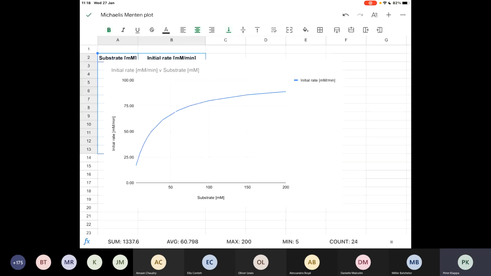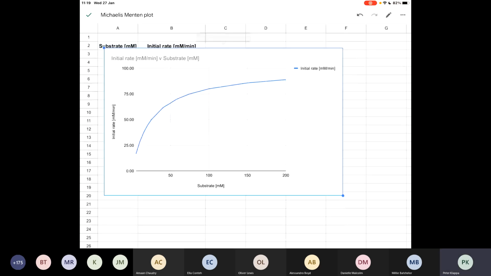What we see here is actually a fairly weird curve, isn't it? Actually, you see, this is a strange curve.